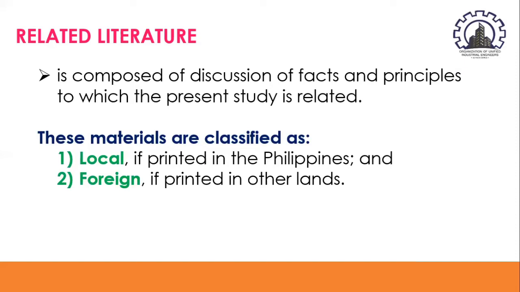For instance, if the present study deals with drug addiction, then literature to be reviewed or surveyed should be composed of materials that deal with drug addiction as well. Now, these materials are usually printed and found in books, encyclopedias, professional journals. We have magazines, newspapers, and other publications.